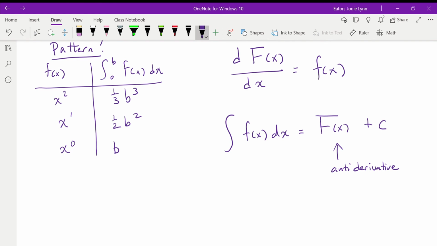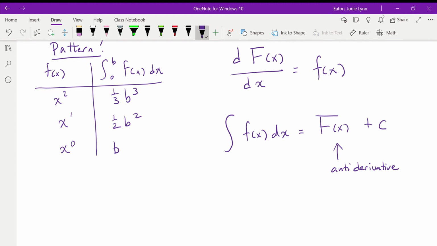And as we continue going on, we're going to talk about the fundamental theorem of calculus. The fundamental theorem of calculus is what links the idea of backwards derivativing, or taking the antiderivative, to finding the area under a curve, and what we've been doing with our definite integrals and Riemann sums so far. So it's linking those two things.